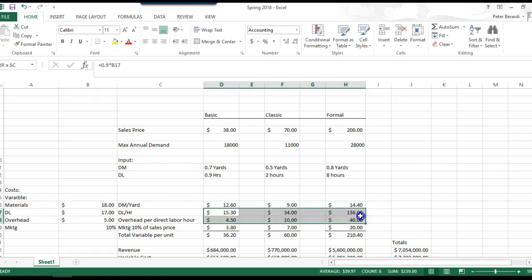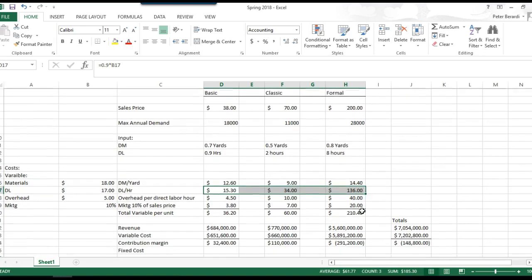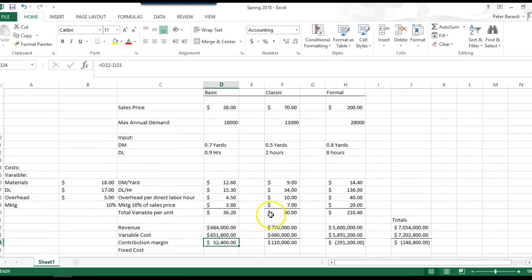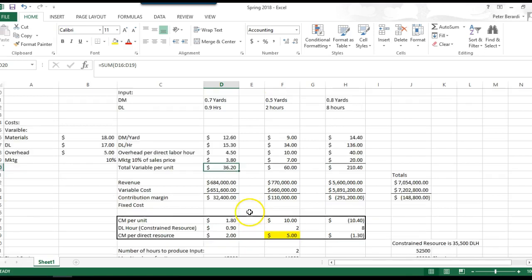Notice this changed. So our contribution margin now is $38 minus $36.20, which is $1.80.